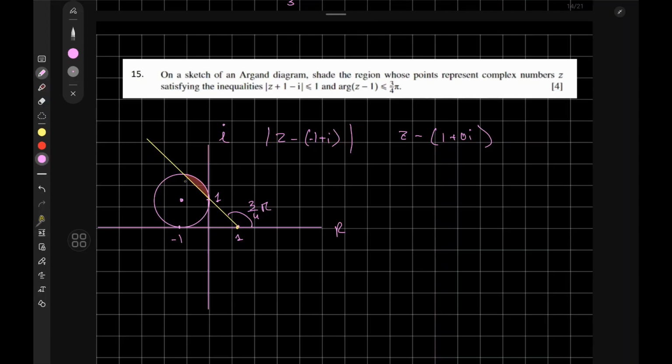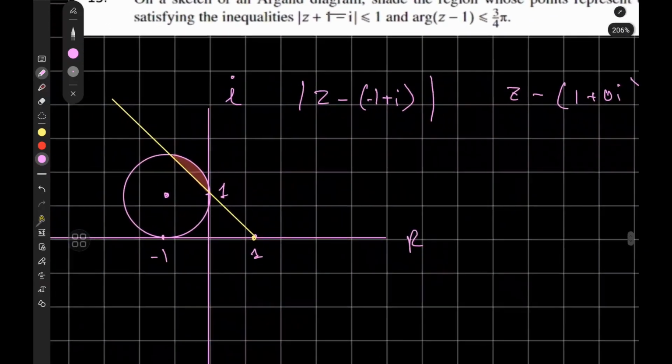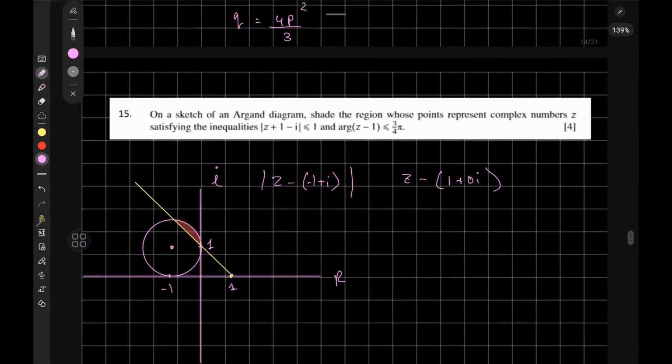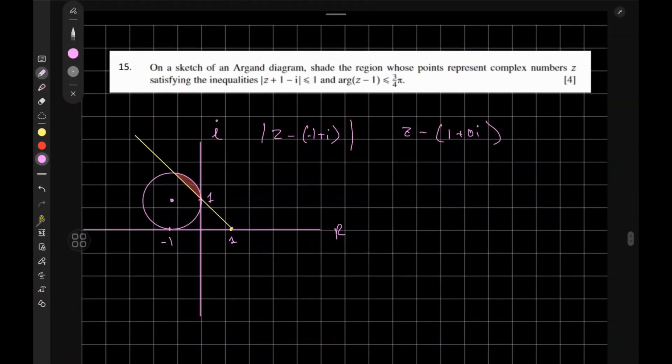So you draw a line, and see that since they're telling you less than or equal to 3/4 of a pi, it has to be on this side. Since on this side it is greater than 3/4 of a pi, right? This is 45 degrees and this is 90 degrees.